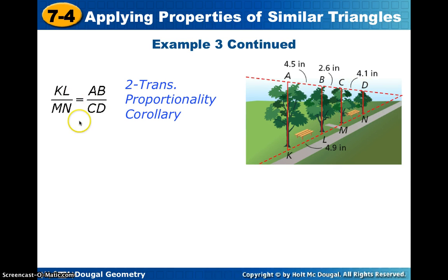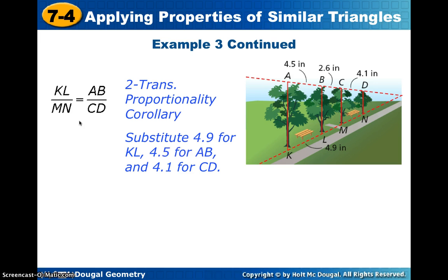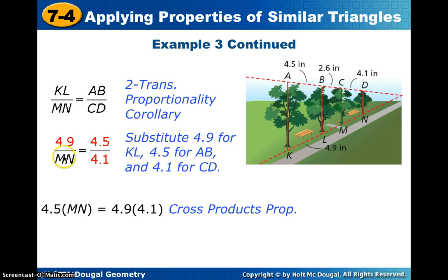Okay, so plug in the numbers they give us for that. And when we cross multiply, we're going to have 4.5 MN equals 4.1 times 4.9, divide by 4.5, and our answer is approximately 4.5.